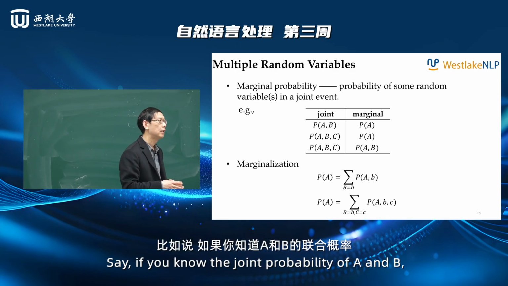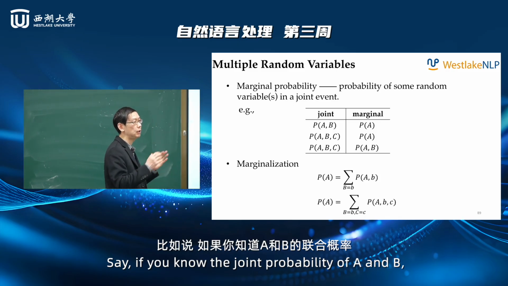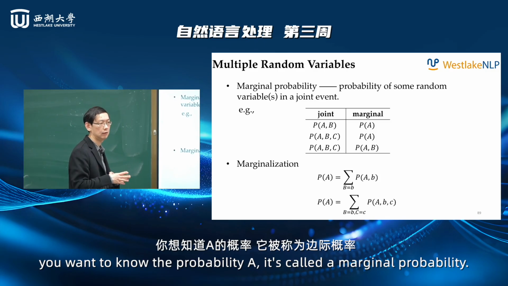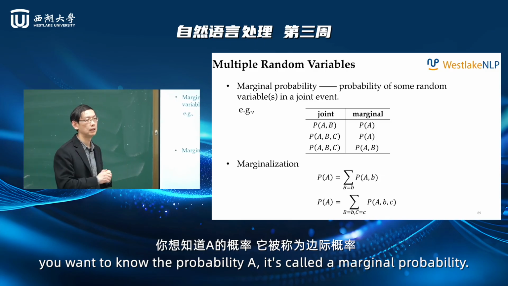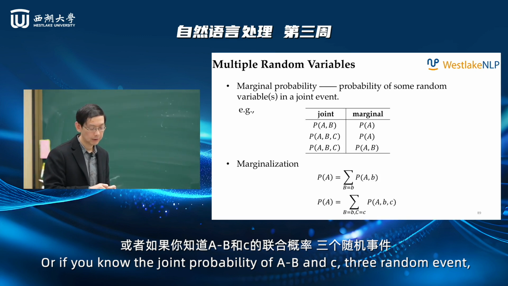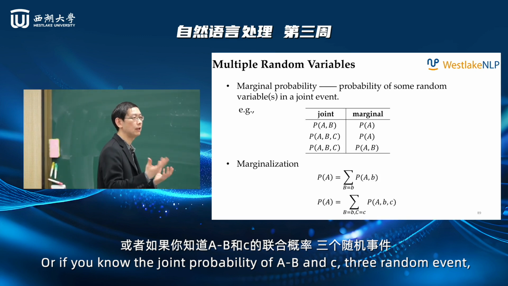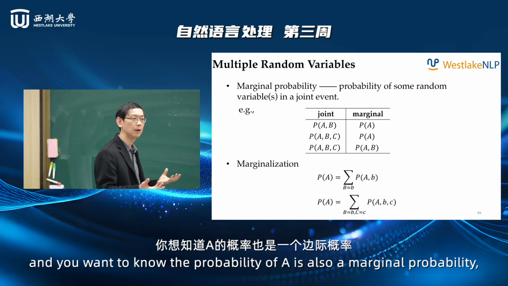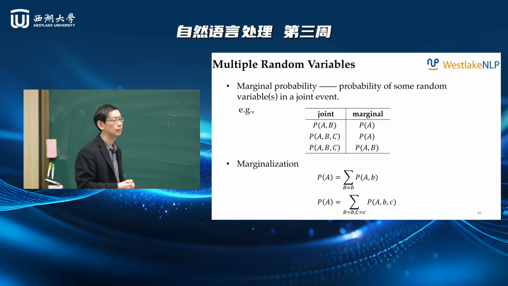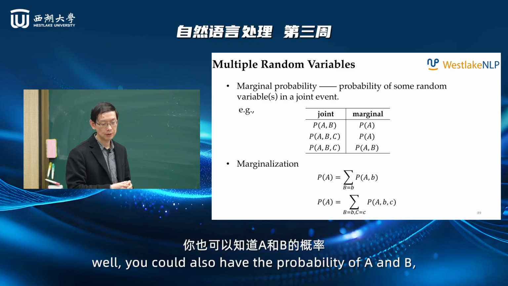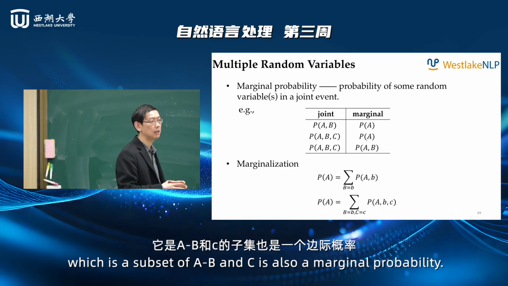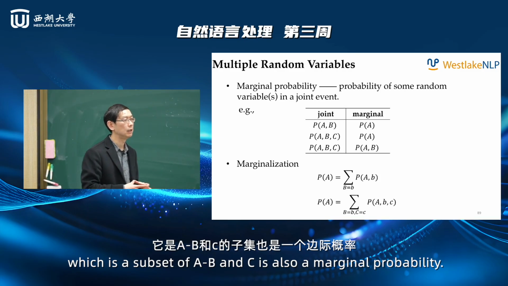Say, if you know the joint probability of A and B, and you want to know the probability of A, it's called a marginal probability. Or if you know the joint probability of A, B, and C, three random events, and you want to know the probability of A, it's also a marginal probability. You could also have the probability of A and B, which is a subset of A, B, and C. It's also a marginal probability.